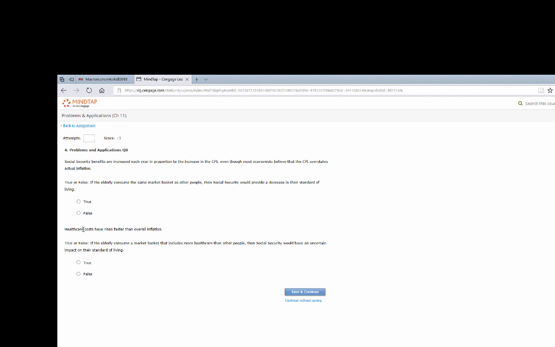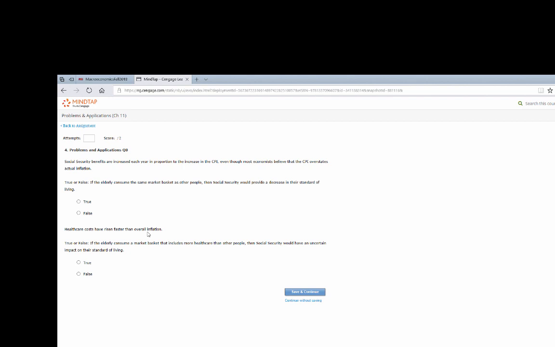And then this last part is just a scenario. They tell you healthcare costs have risen faster than overall inflation. So in this scenario, the costs to go to the doctor have gone up quicker than overall inflation.